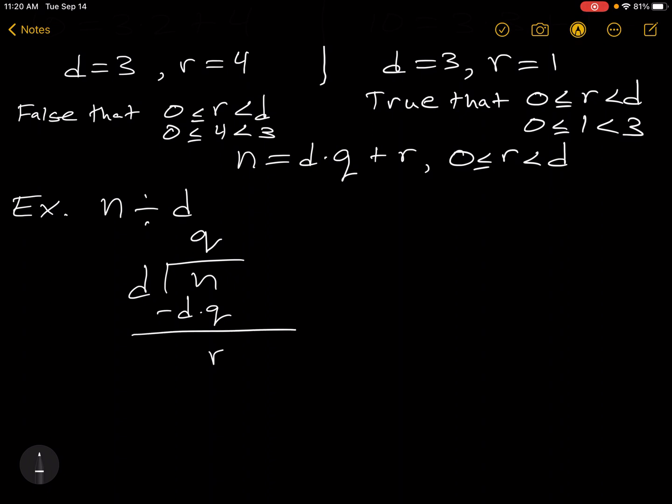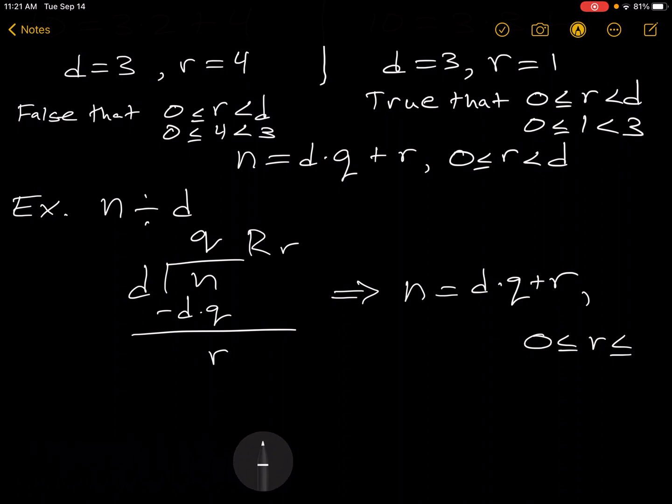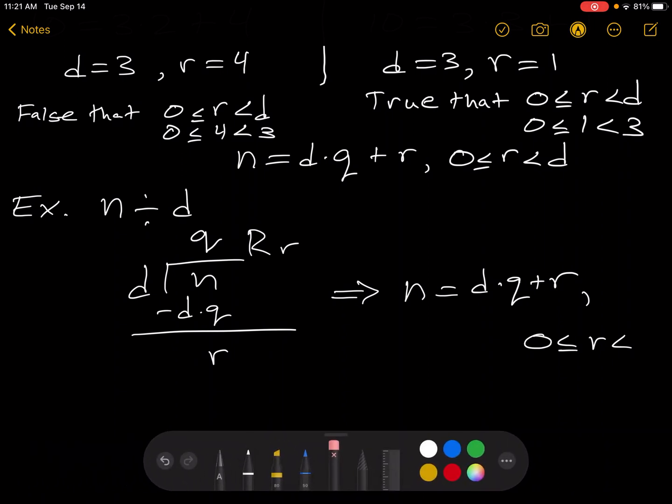And what do you get? You get some little r for the remainder. This tells us that n is equal to d times q plus r. And as we know, r must be greater than or equal to 0 and less than the divisor.